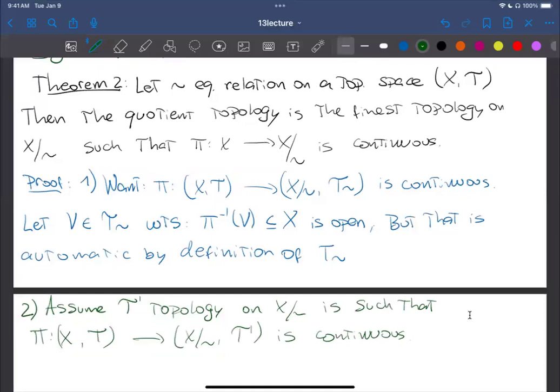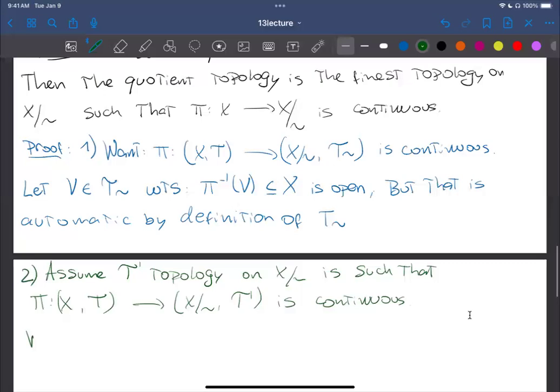So we need to assume that, and what we want to prove is that T quotient is finer than T prime. So what we want is this new T prime is inside the quotient topology.